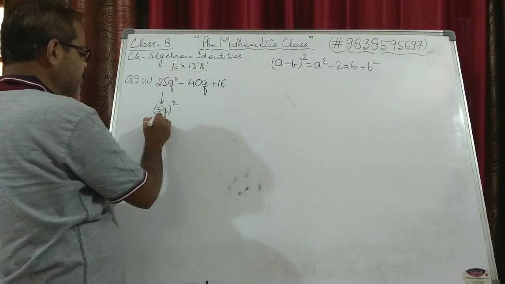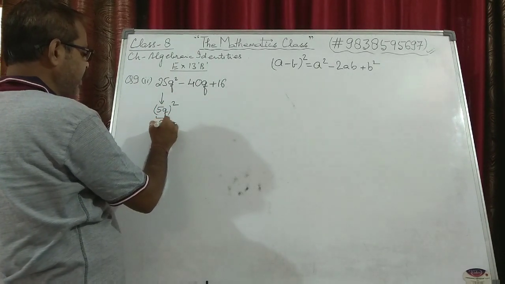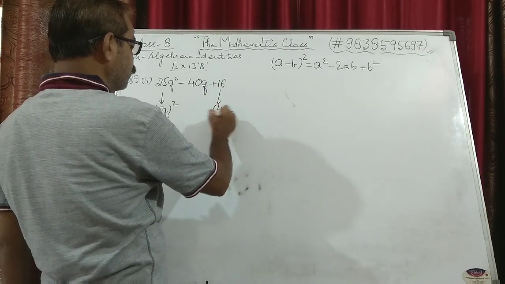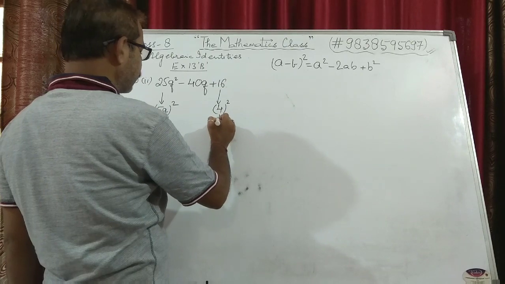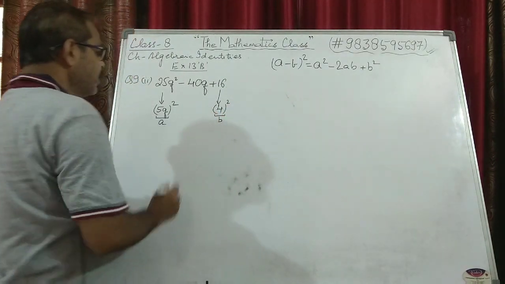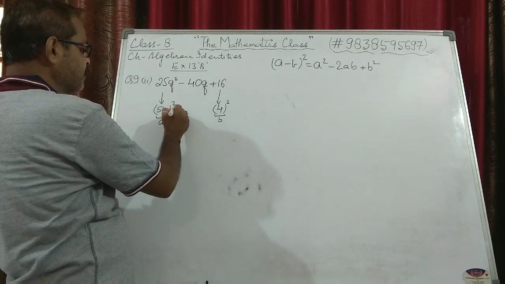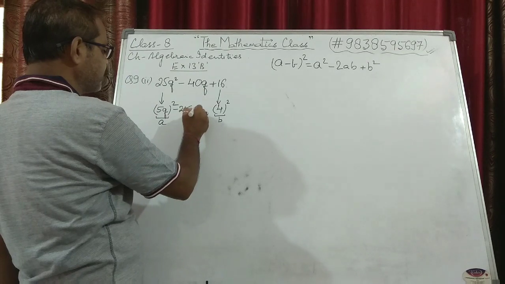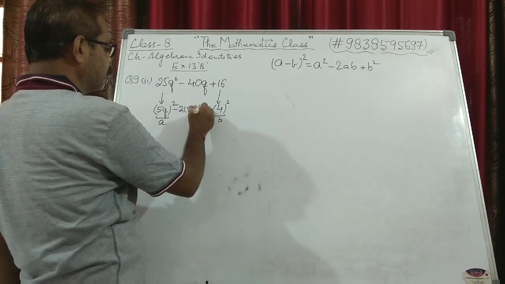It means you can consider 5q as a. 16 can be written as 4 whole square. It means 4 can be considered as b. It means here it should come minus 2 into a, a is 5q and b is 4.